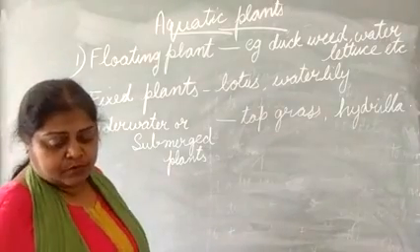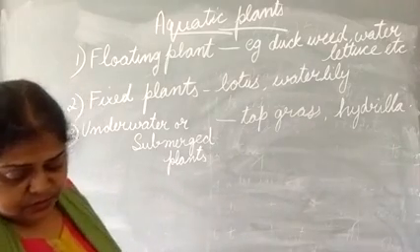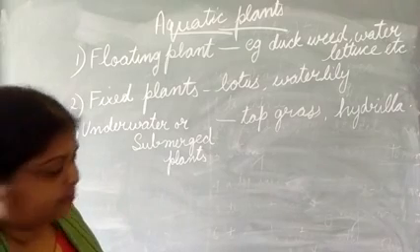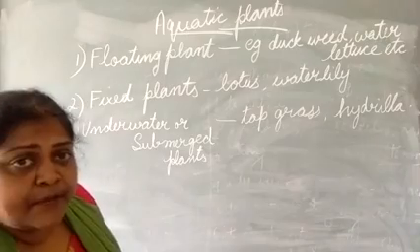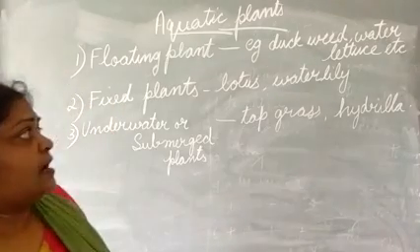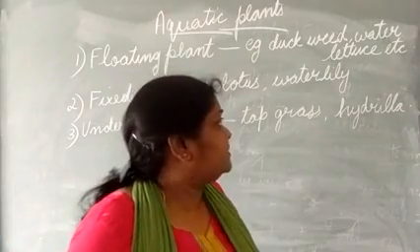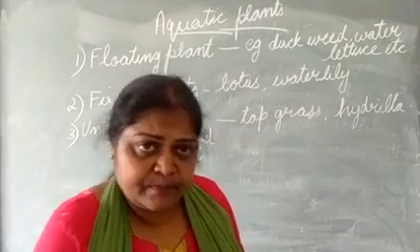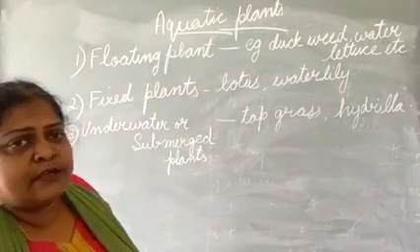Which type of plant is this? Floating plants. What are examples of floating plants? Duckweed, water lizard, etc.